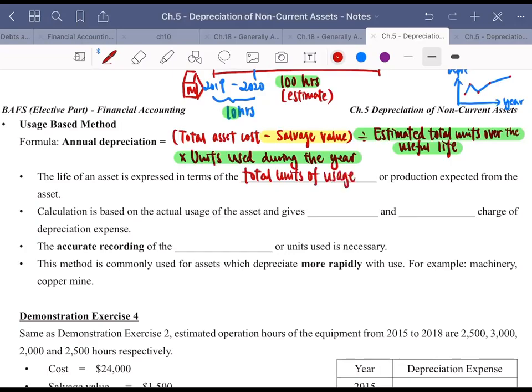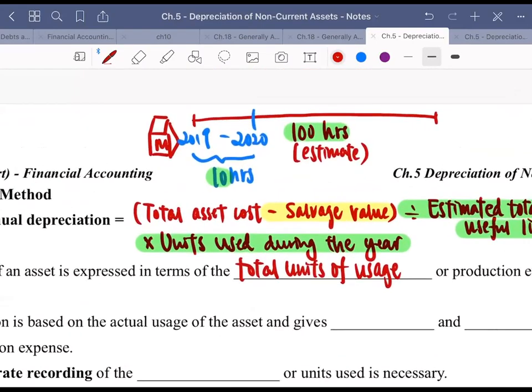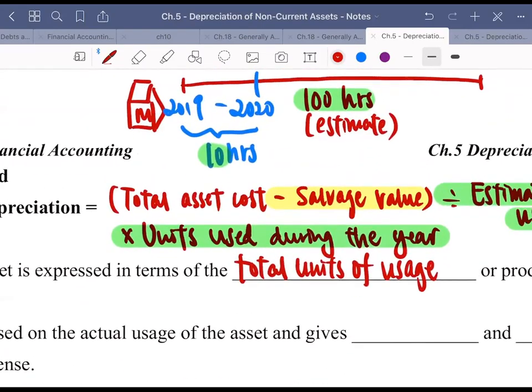Let's say our machine may be producing for 100 hours, and we are going to use maybe 10 hours in the first year. So we're going to use over the estimated total units of usage, 100 hours, and the first year is going to use 10 hours. Very similar to the example we mentioned last time.